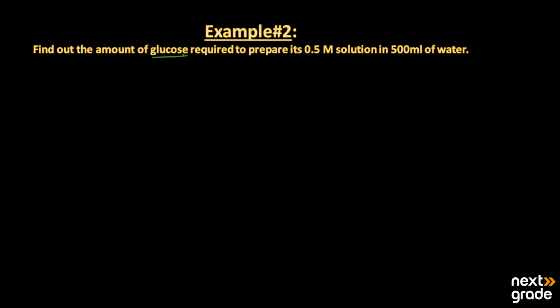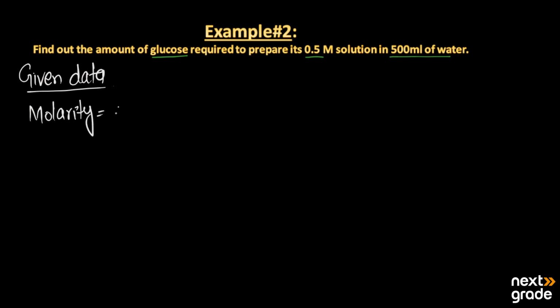After that, we have the next example, which is to find out the amount of glucose required to prepare 0.5 molar solution in 500 ml of water. First of all, we will write the given data. Here the molarity of the solution is 0.5 molar, and the volume of solution is 500 ml. 500 ml means 500 centimeter cube.